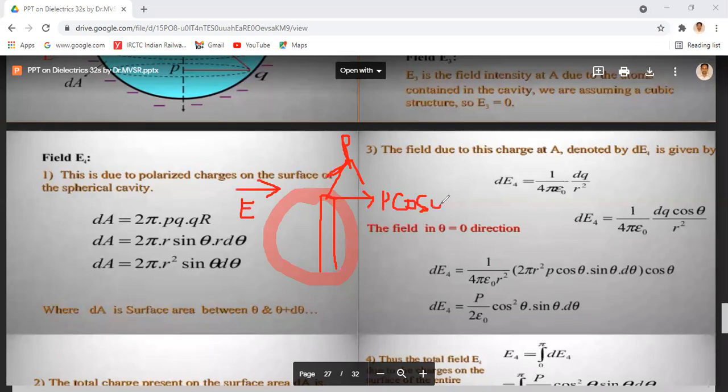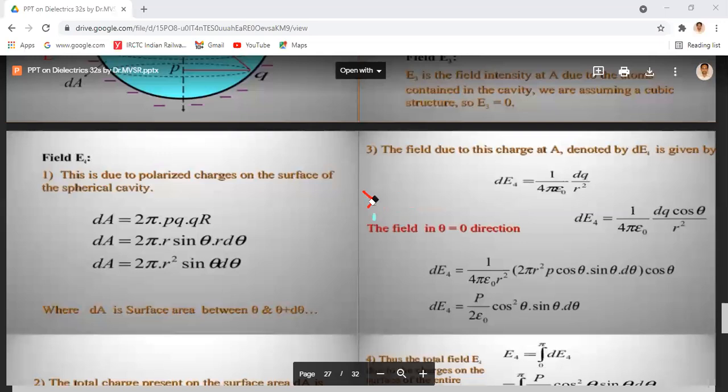Here, in the direction of the electric field, the component P cos theta, that is the normal component of P, we take. For this reason, we consider only P cos theta.